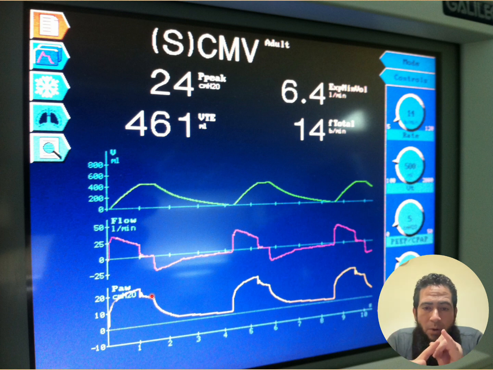So we spoke about mandatory breaths, volume and pressure controlled. We talked about assisted breaths, volume and pressure controlled, and we spoke about pressure support. And we made a comparison between all of these in terms of initiation, target, and cycling mechanisms.